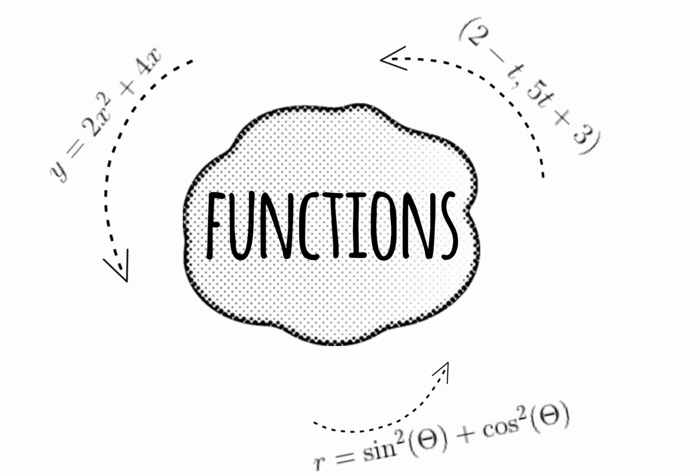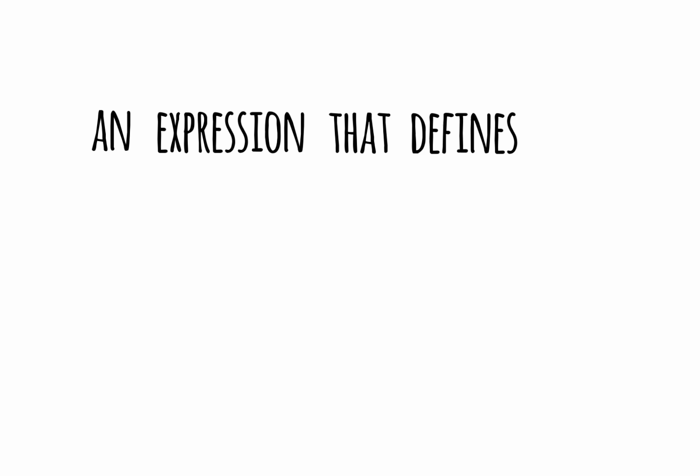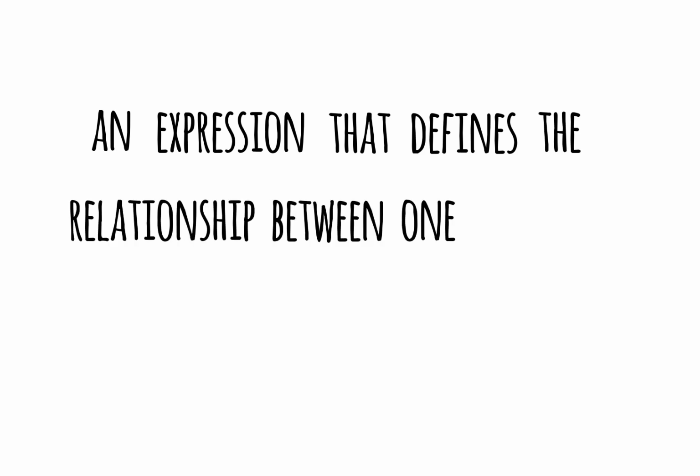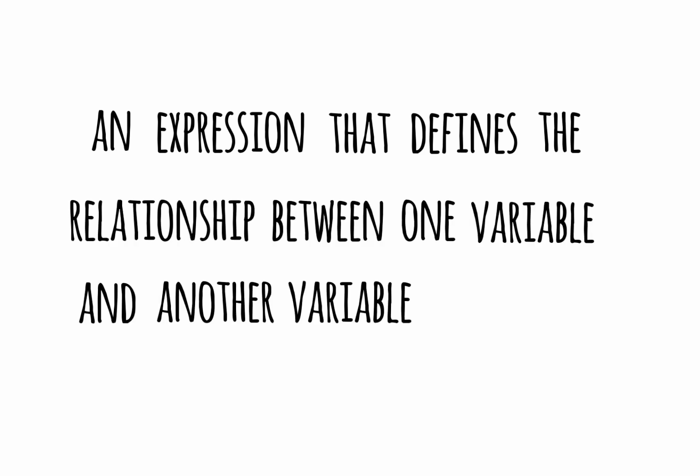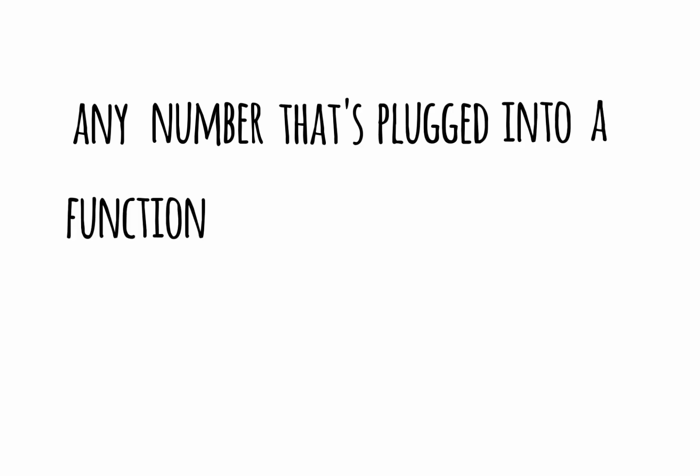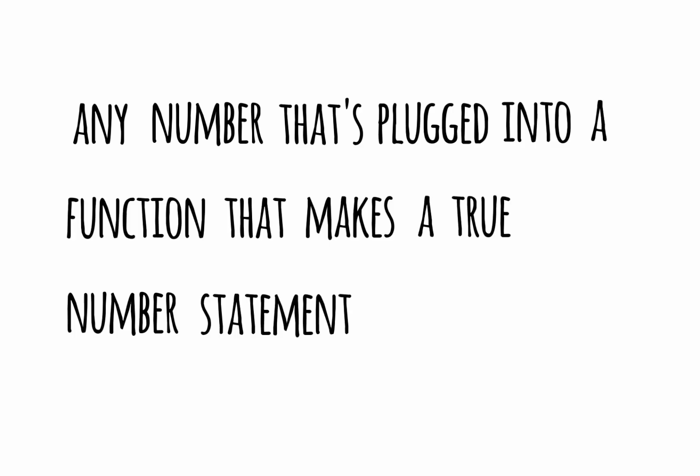So to summarize, one of the big parts in pre-calculus is functions, right? And a function is simply an expression that defines a relationship between one variable and another variable. Usually one variable is dependent on the other variable. And a solution is any number that's plugged into a function that makes a true number statement.